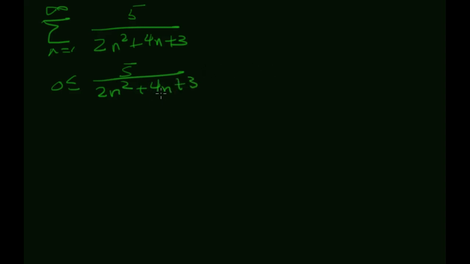And 4n is going to be positive, and 3 is going to be positive. So both of these are making the denominator bigger. So this has to be less than or equal to 5 over 2n squared. And since 5 halves is greater than 1, this is going to be greater than or equal to 1 over n squared for all n. Now, why did I do this? Because now I've shown that this thing is being dominated by the p-series 1 over n squared.